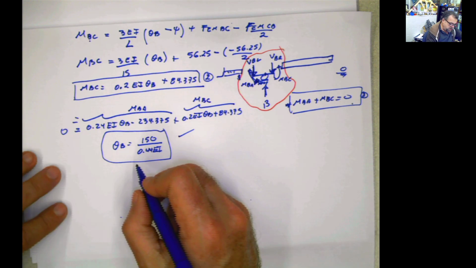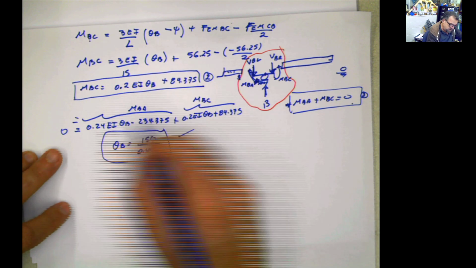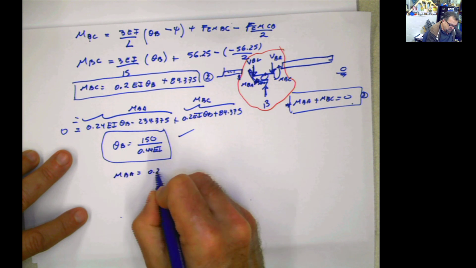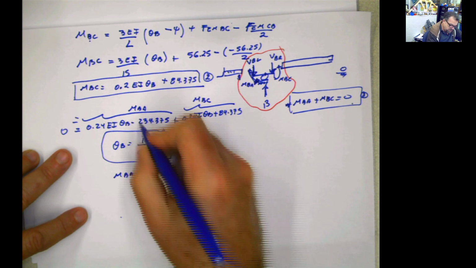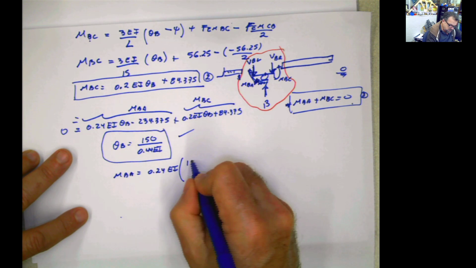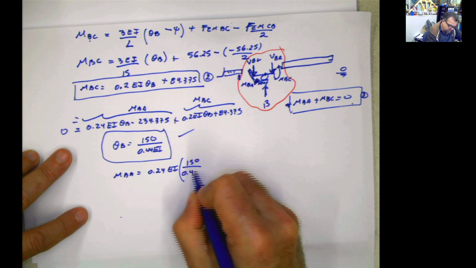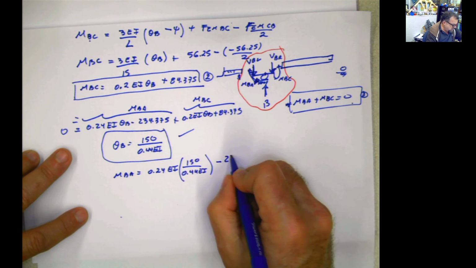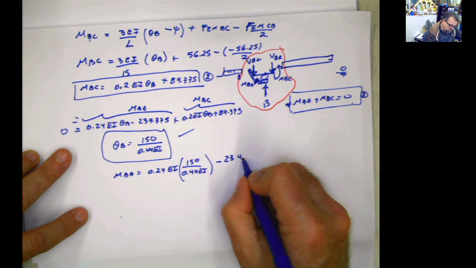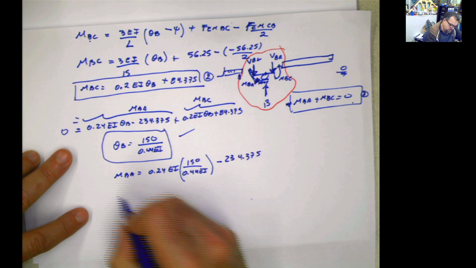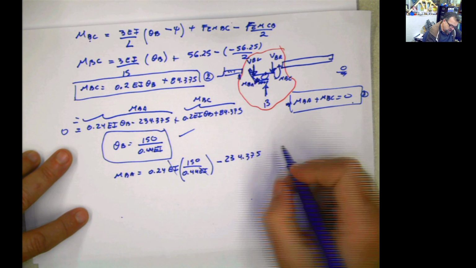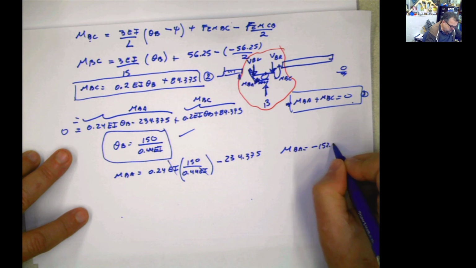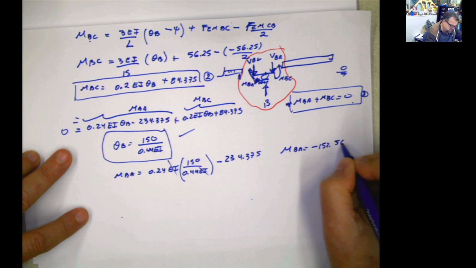So in equation number 1, which is this one, we can calculate MBA as 0.24 EI multiplied by rotation, which is 150 divided by 0.44 EI, minus 234.375, and then this and this cancel out, and we can calculate that moment BA as negative 152.56 kip-feet.